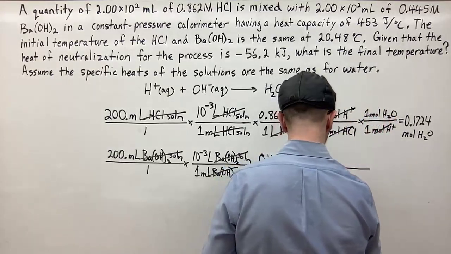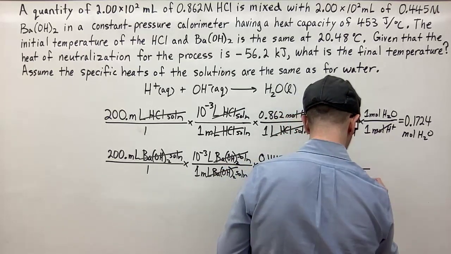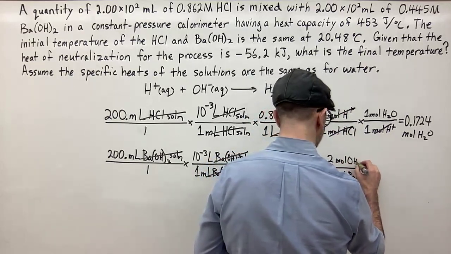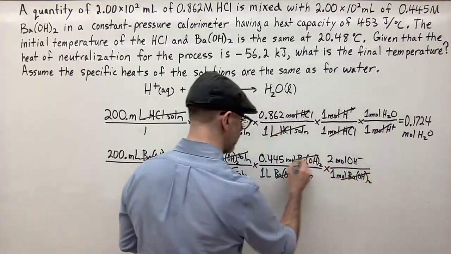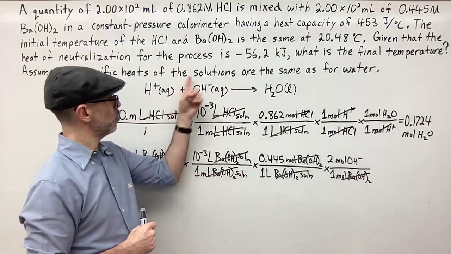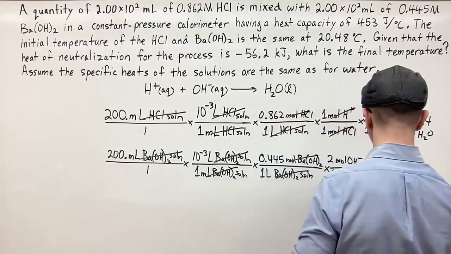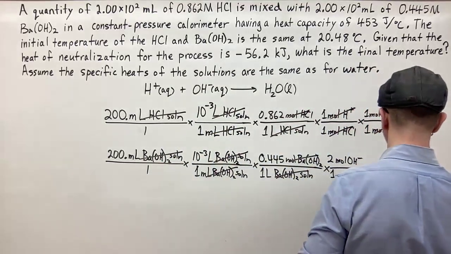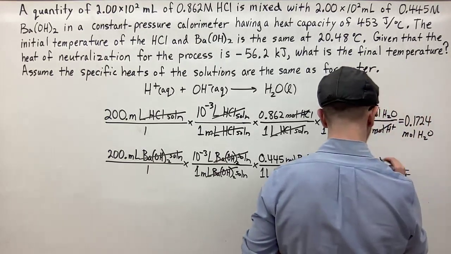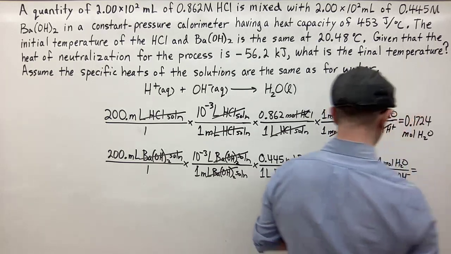So down here I'm going to put 1 mole of barium hydroxide, and then here I'm going to put 2 moles of the OH-. So moles of the barium hydroxide cancel out. Now that I have moles of hydroxide, I can use the balanced equation here. 1 mole of hydroxide gives me 1 mole of water, so it's 1 to 1 again. So 1 mole of hydroxide ion gives me 1 mole of H2O.